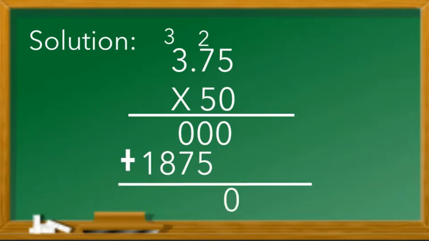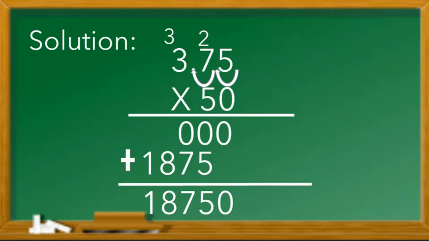0 plus 5 is 5. 0 plus 7 is 7. And just bring down 8 and 1. So, the answer is 18750. So, how am I going to know the decimal places?